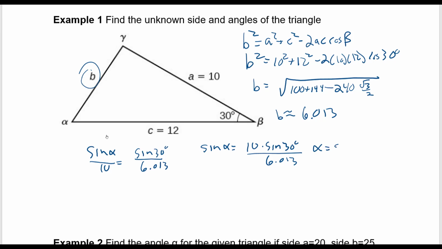So alpha would equal sine inverse, or arcsine, of 10 times sine of 30 degrees over 6.013. So alpha would be approximately 56.3 degrees.